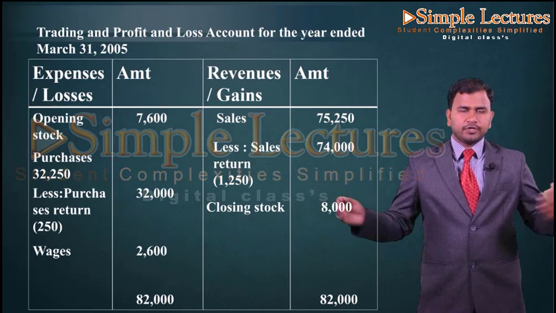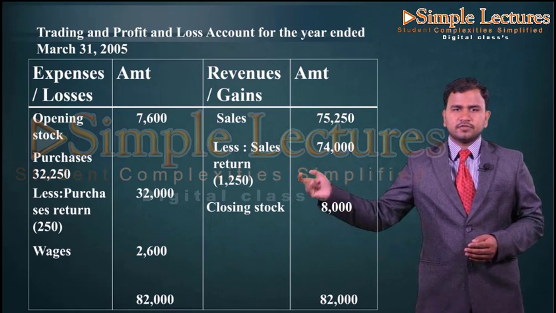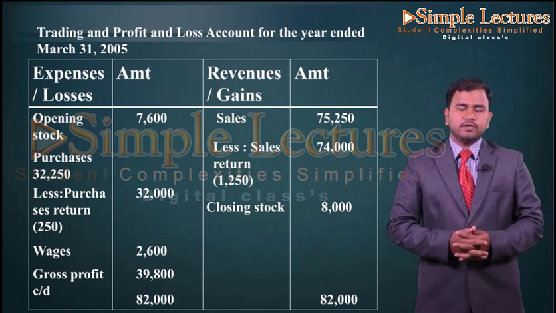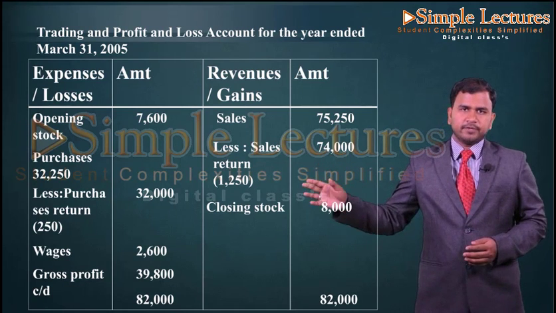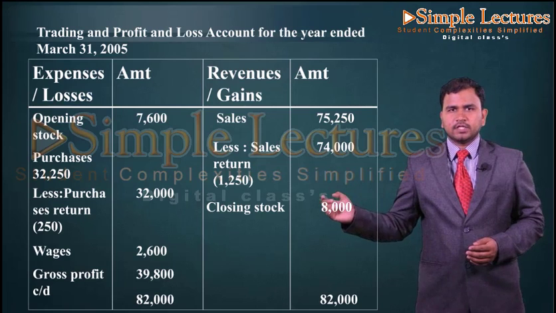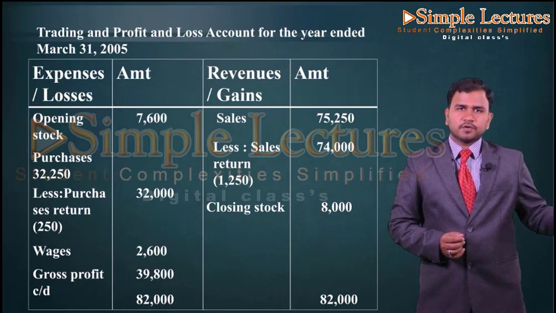So the same total, 82,000, we write on the debit side, minus all the above entries. The difference we get is 39,800, which will be gross profit. So on the debit side, above the total, gross profit carried down 39,800, and on the credit side, after the total, gross profit brought down.